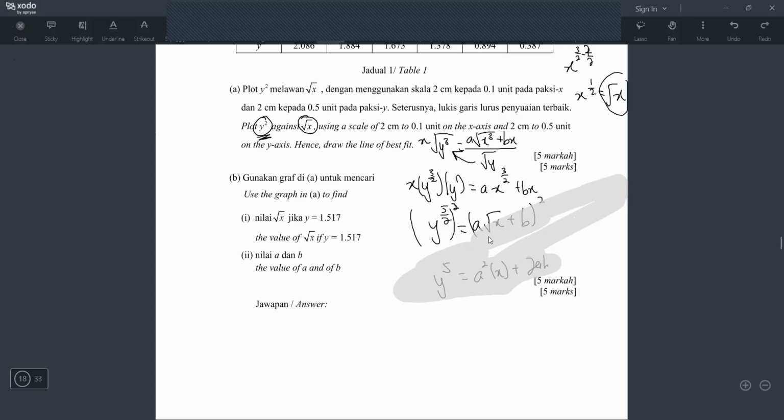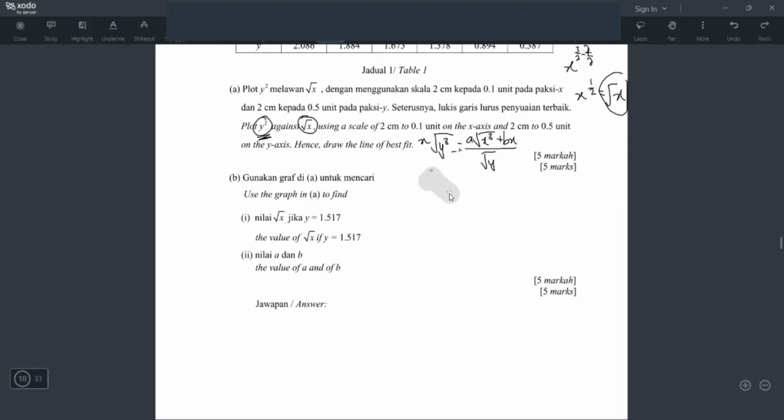Okay, let's start over and do it one more time, but let's do it differently this time. Right? So instead of doing it like just now, let's change our working a bit. So I want y square, right? But this one is y power 3. So why not I move this one to become times.